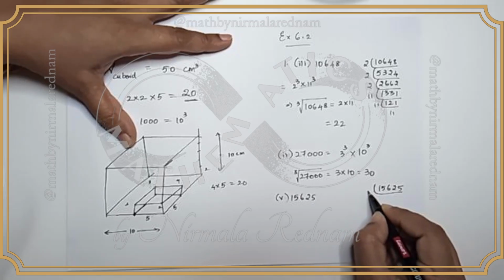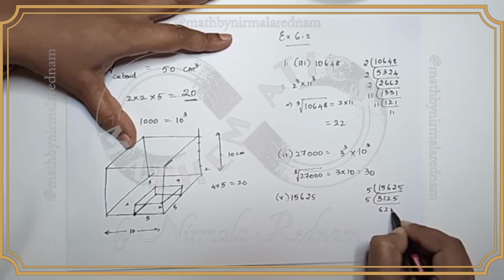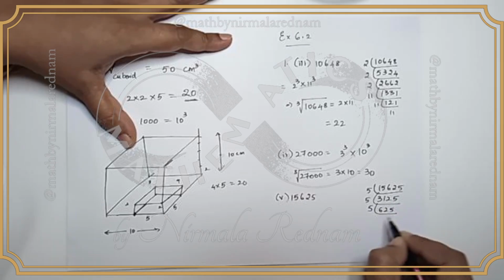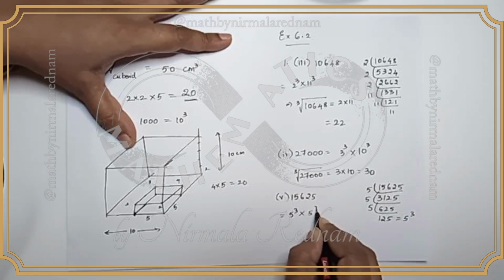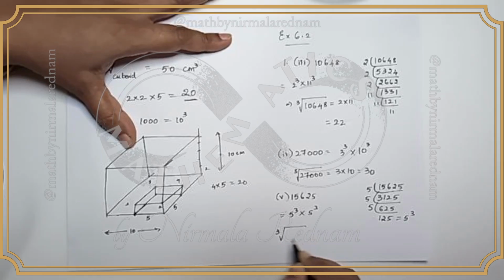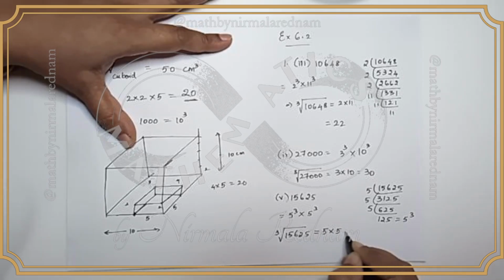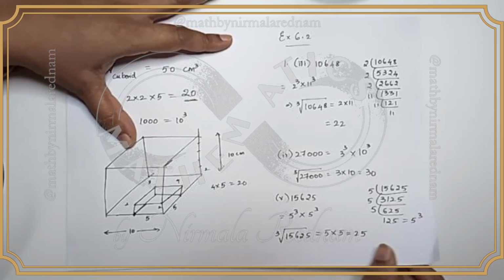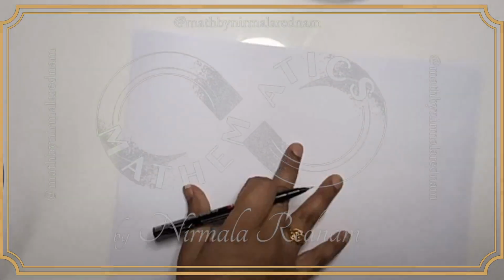So 3125, 625, 125. Now I can write it as 5. 25 is nothing but 5 cube, right? So 5 cube into 5 cube. Therefore, cube root of 15625 is equal to 5 into 5, which is 25. So that is my fifth question.